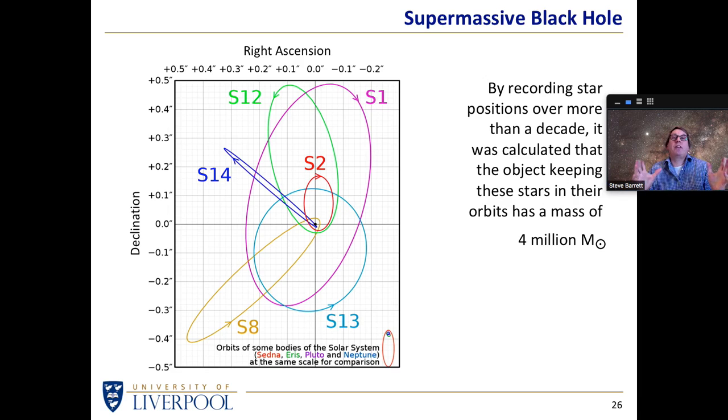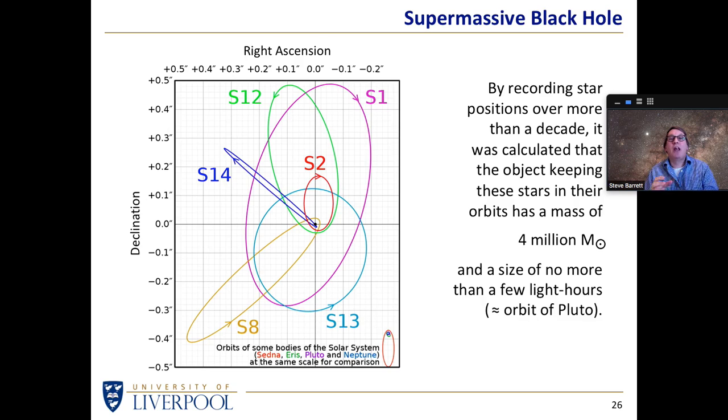Not that there's anything special about the mass of our Sun, it's just a convenient unit to use. So this object has a mass of about 4 million solar masses, and it must be very compact. It must be no more than, let's say for the sake of argument, the orbit of Pluto. Our solar system is shown in the bottom right of that panel just for scale.